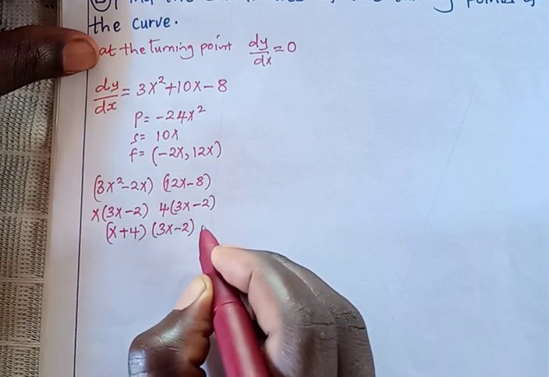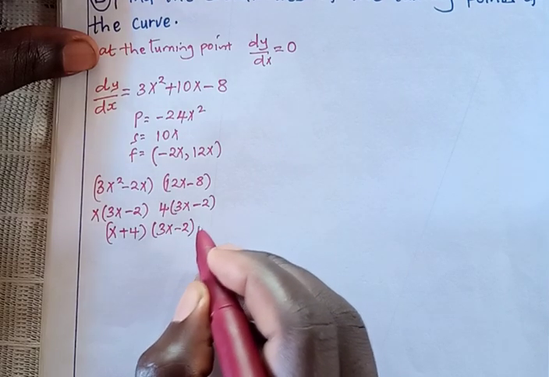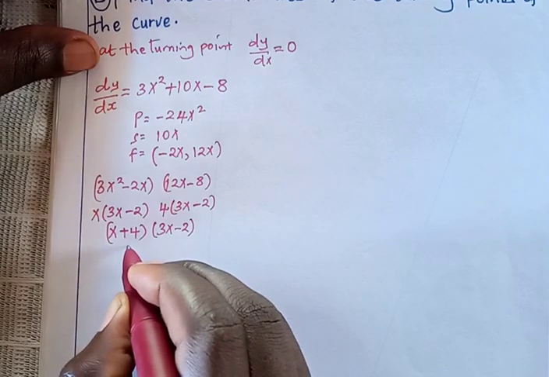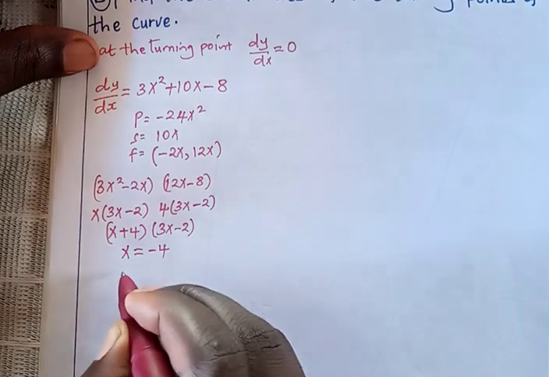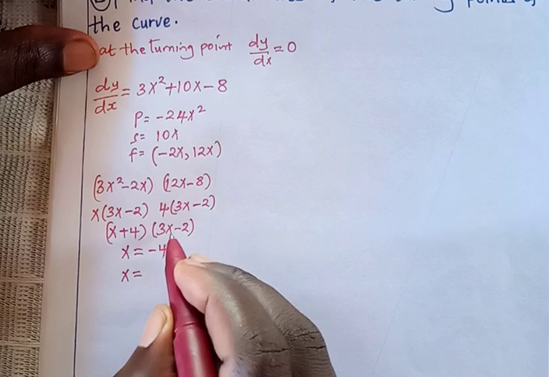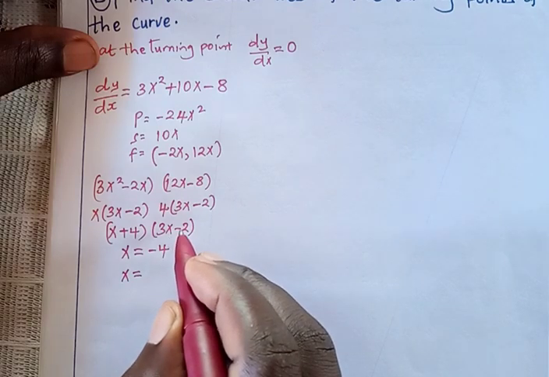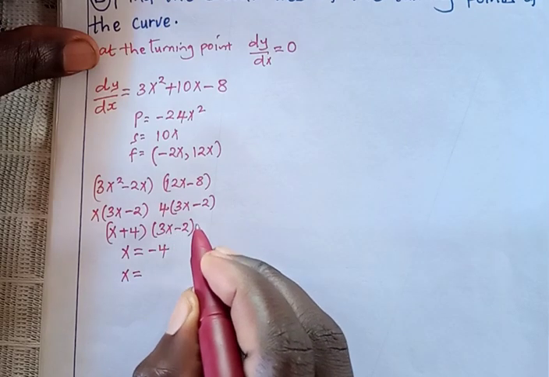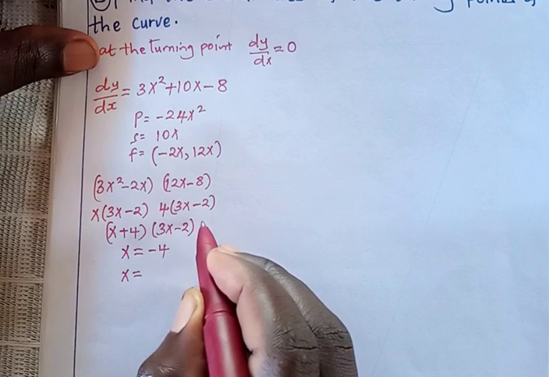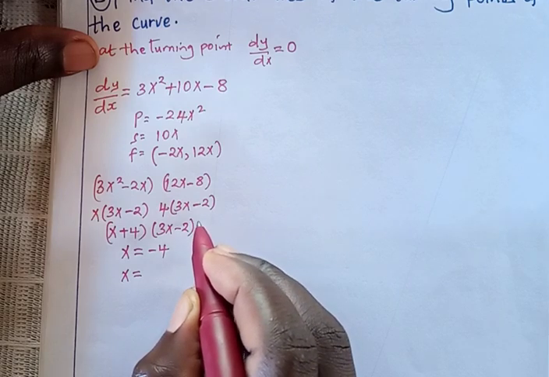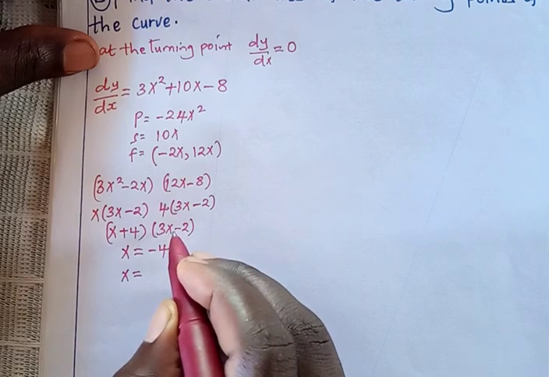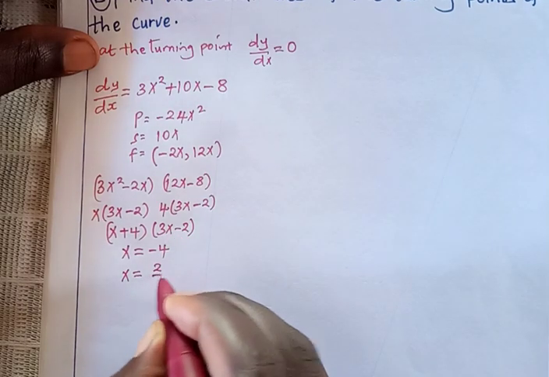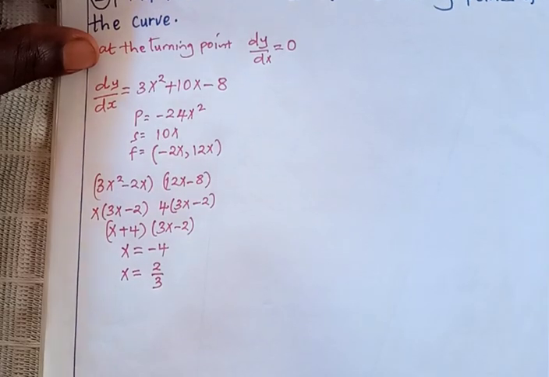This must give you 0. Our first value is x equals negative 4. Or, from the other bracket, when you take the negative 2 to the other side, positive 2, and then divide by 3, x equals 2 over 3. Very important.